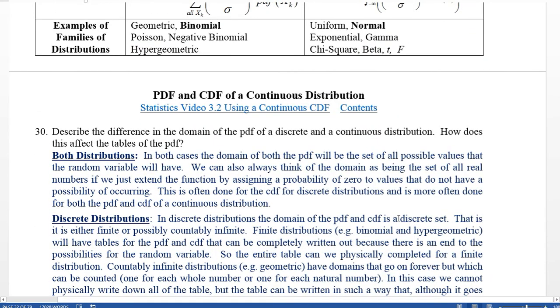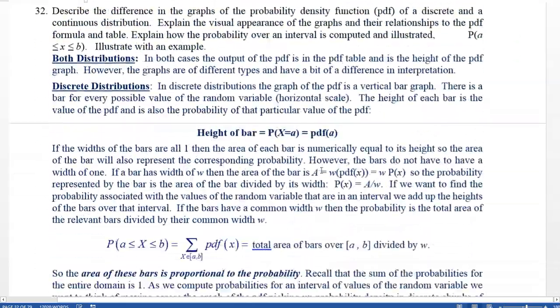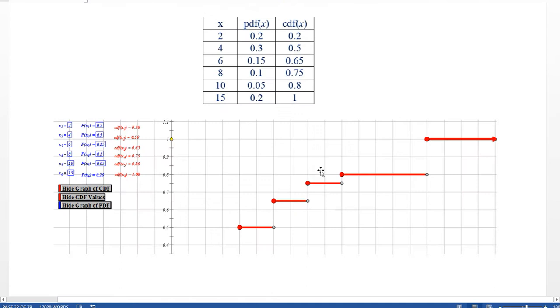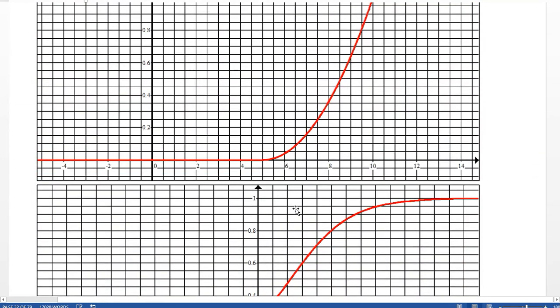And then down here we have some questions in the notes that talk about some of this same stuff that's written out. Most of these things are covered in these other videos. This second video from statistics talks about using the CDF to compute probabilities and inverse probabilities. You will see some examples of this in the notes. Here are some examples of what the CDF might look like.